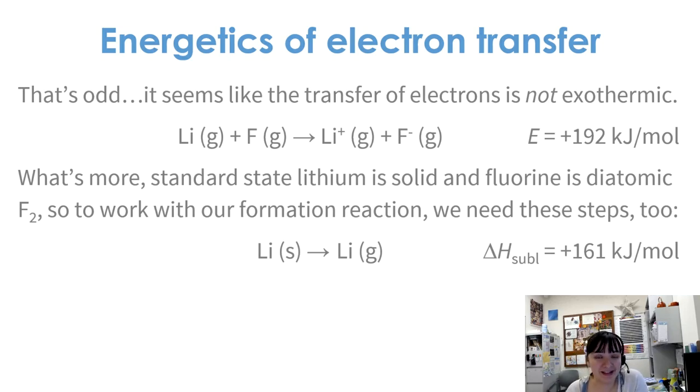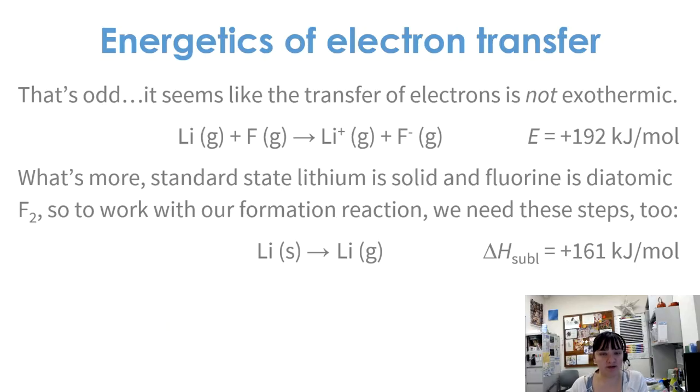This is referred to as the enthalpy of sublimation, or delta H sub, right there. We're going to dive into that particular phrasing later on in the course, but it's basically just the energy or heat that it takes to take a solid and turn it into a gas, like we would with this lithium here.